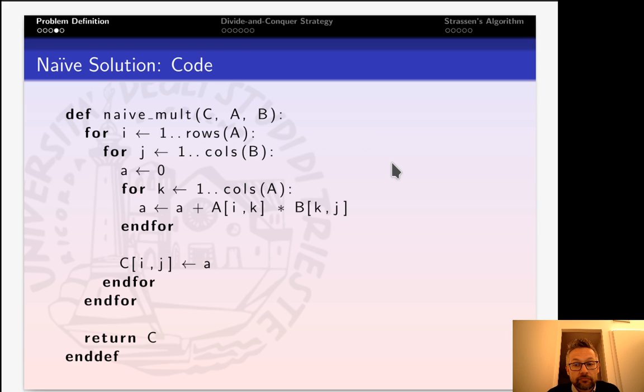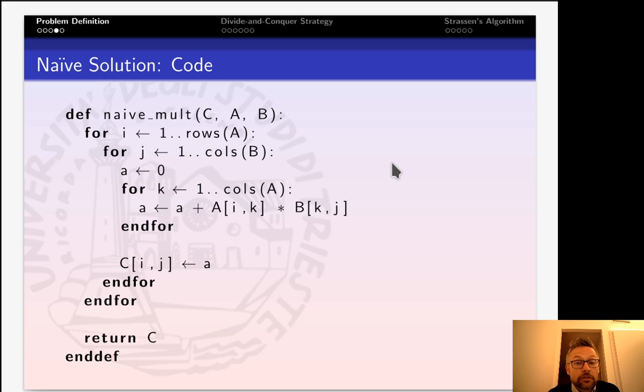It's quite easy to see. The update of the entry of C takes time theta of 1, of course, because this is inserted into a for loop whose range goes from 1 to n. Of course, this for loop takes time theta of n.